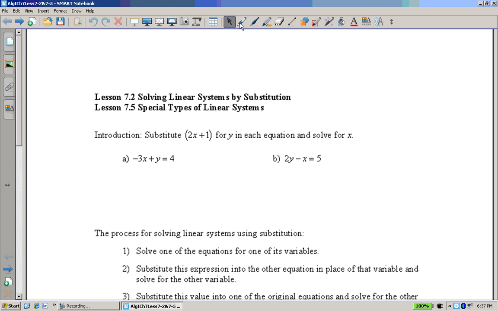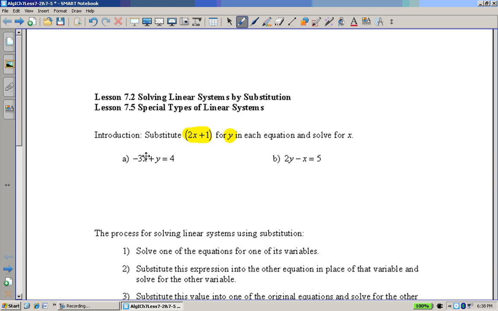First thing to do is just to look at, well, what does it mean to substitute? Well, you may have had a teacher that's a substitute teacher. Basically, you're having someone step in the place of, to be that for just one day. So we're going to substitute 2x plus 1 instead of y in each equation, solve for x, just as an introduction.